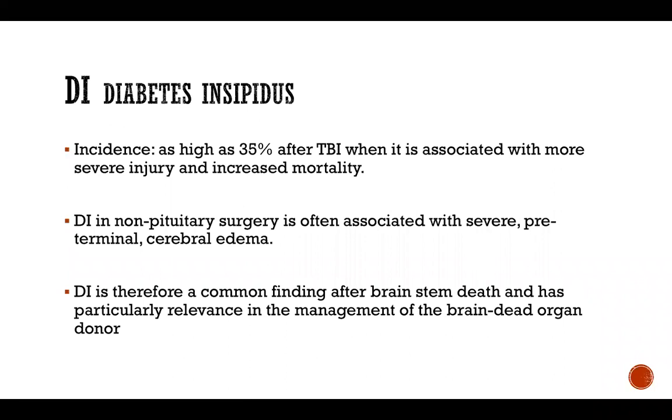Its incidence can go as high as 35% after traumatic brain injury, and it's associated with more severe injuries and increased mortality. If the patient develops DI in a non-pituitary surgery, it's usually associated with severe peri-terminal cerebral edema. So the presence of DI is a common finding after brainstem death and has particular relevance in the management of brain dead organ donors.